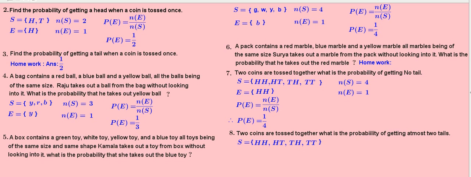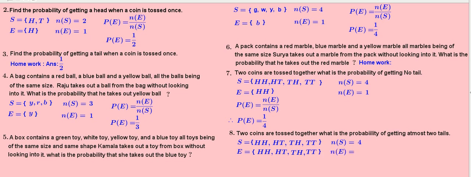In this problem, we have to find the probability of getting at most 2 tails. That means an event such that its outcomes may not contain T, or they may contain 1 T or 2 T's. Here n(S) equal to 4, E equal to {HH, HT, TH, TT}.